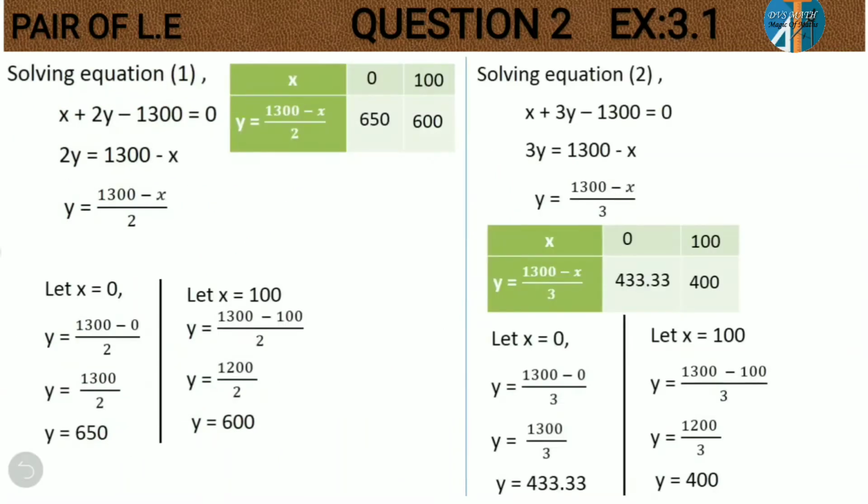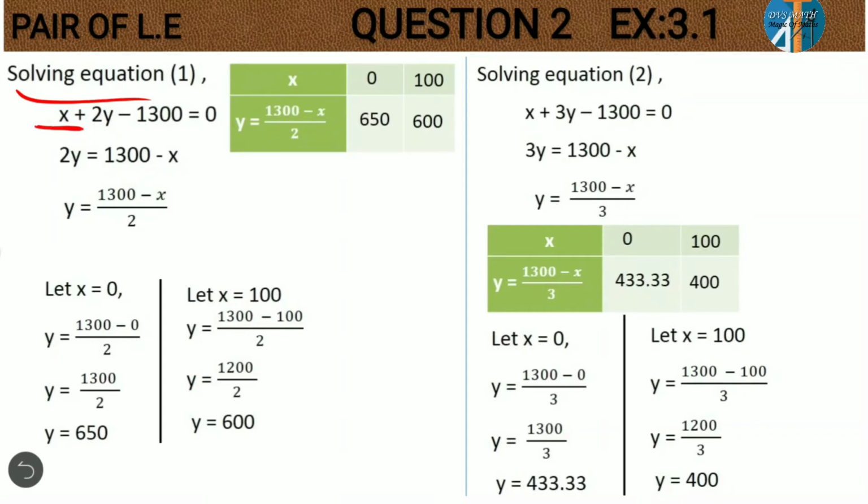So now let us plot it. Let us take equation 1. What is equation 1? x plus 2y minus 1300 is equal to 0. Now take minus 1300 and x to the RHS. Why are we keeping y on the LHS? Because y is positive, we are keeping it on the LHS itself. So minus 1300 becomes plus, and x becomes minus.